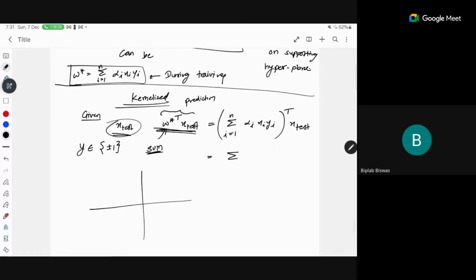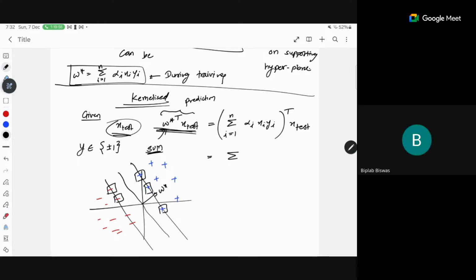Otherwise, I'll write this down. This boundary we have learned from the data points which are there. Suppose these are my support vectors, right?